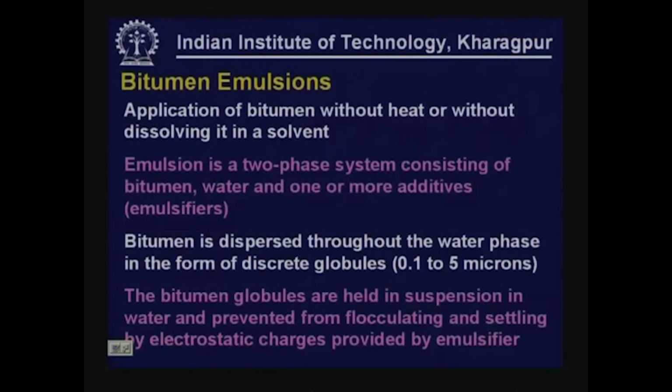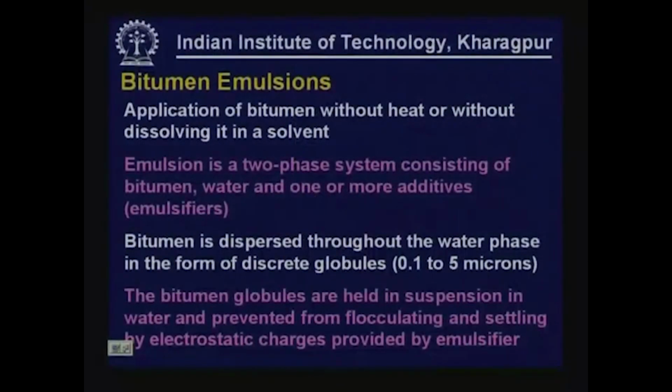With emulsion, it is possible to apply bitumen without heat and without dissolving it in a solvent. That is what we are doing in the case of cutback. In cutback, we were reducing the viscosity of the bitumen by dissolving it in a solvent, and thereby we are in a position to apply it to the pavement surface.